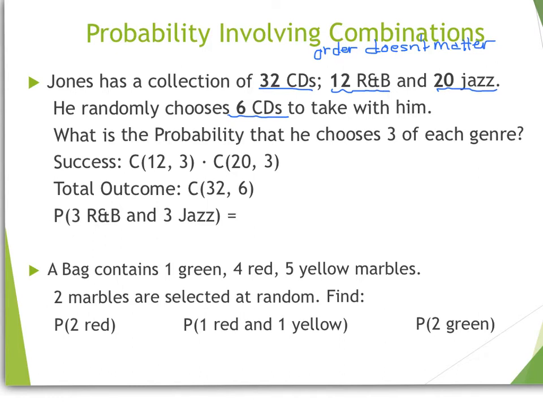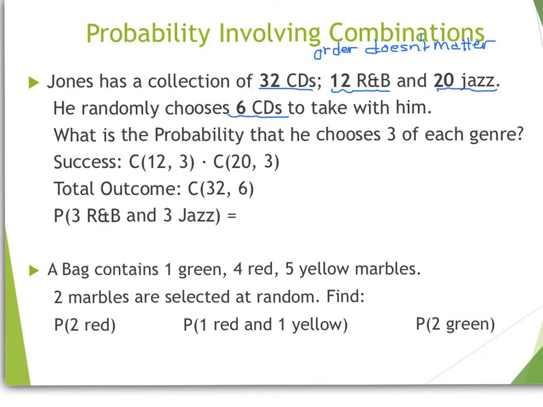The first thing we're going to consider is the success. The success is like what you did yesterday: we want to know how many different ways he can choose 3 R&B from the 12, and how many combinations there are of his choosing 3 from the 20 jazz.